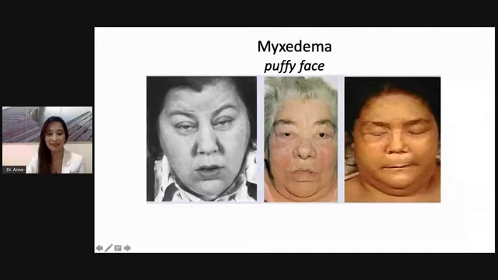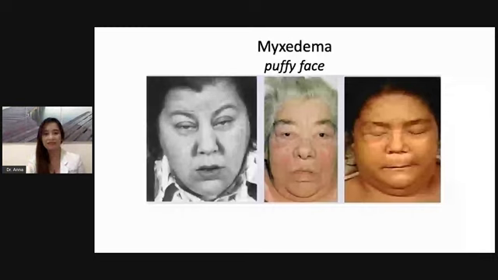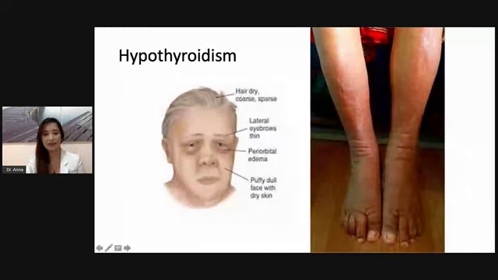They would have periorbital swelling, puffy face. And you will see them having dry hair, thin outer eyebrows, peripheral edema, puffy dull face with dry skin. And this is your myxedema, swelling in the legs or in the anterior part of your legs.